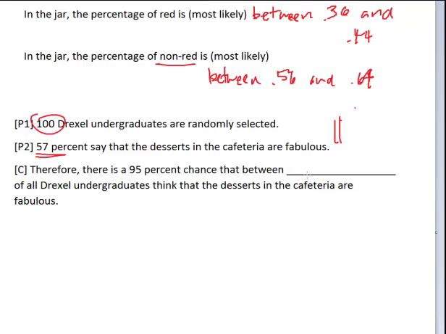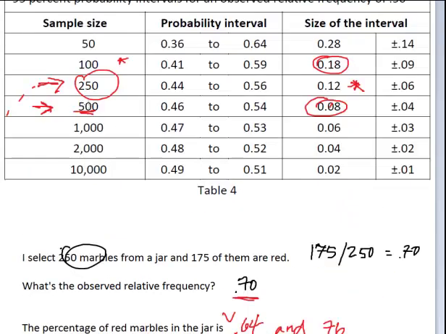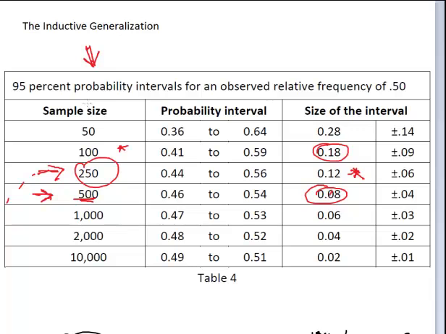So there's a 95% chance that between 48% and 66% of all Drexel undergraduates think that the desserts in the cafeteria are fabulous. All right, so good for Drexel. Okay, so that's all you need to know. It's pretty easy once you got it down. There's really nothing to it. So that, as they say, is that.